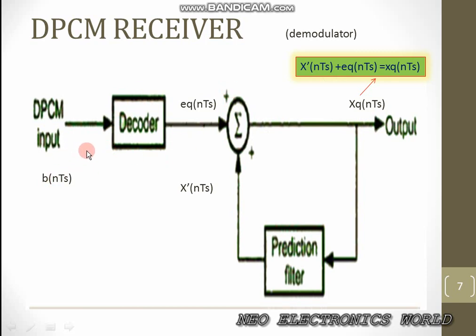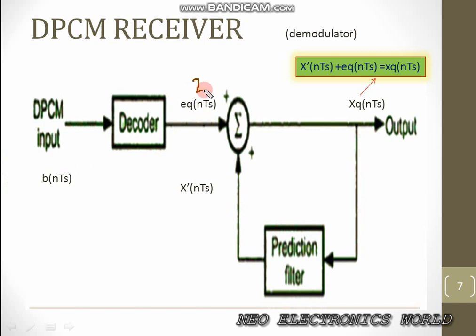If the incoming signal is 2, then XQ of NTS may be 0, then 2 will be coming here, and X dash of NTS will be 0. So I will write it here. Let the incoming B of NTS give EQ of NTS equal to 2.